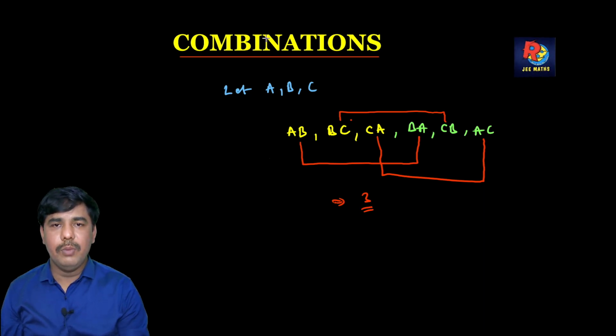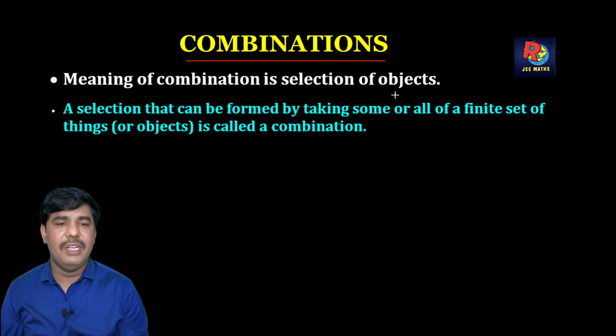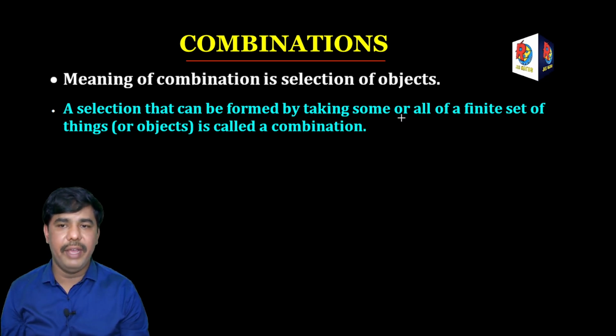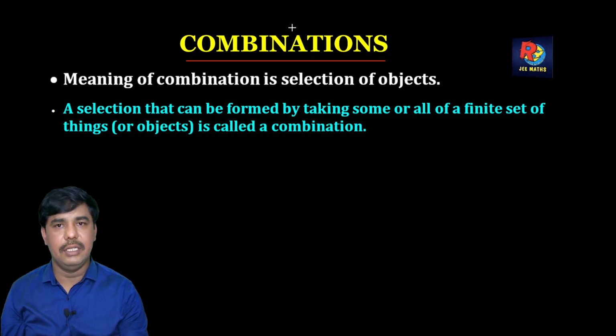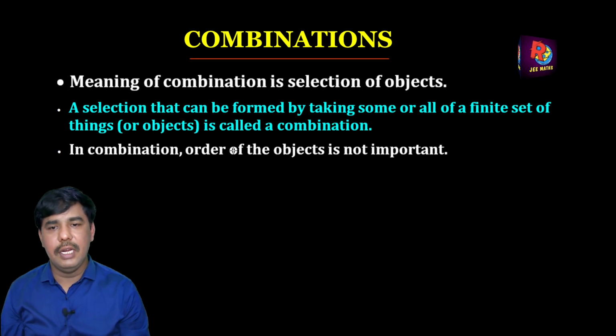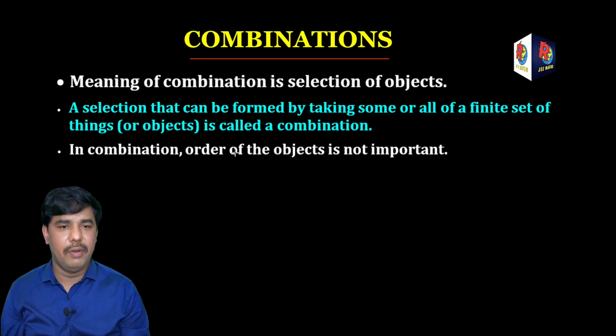So now we will move to the definitions. The meaning of combination is selection of objects. A selection that can be formed by taking some or all of a finite set of things is called a combination. You can observe here, in combination order is not important. That one you need to remember.